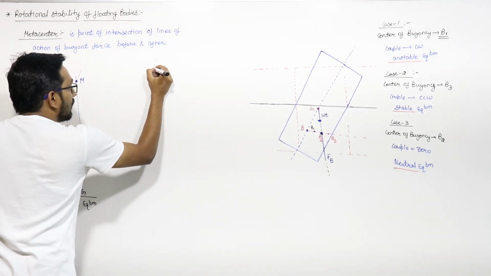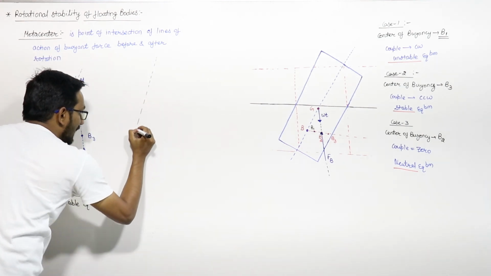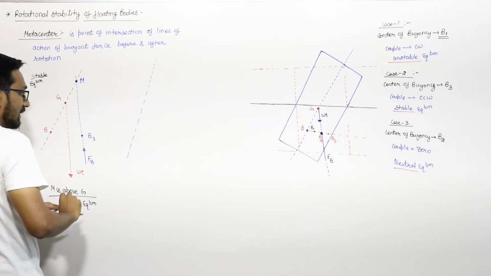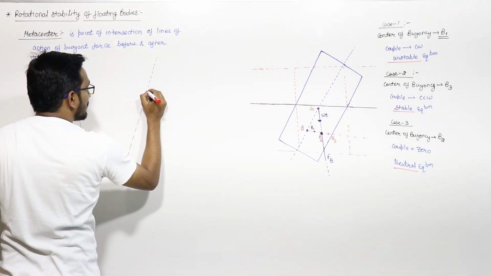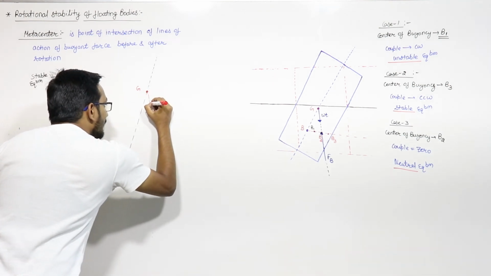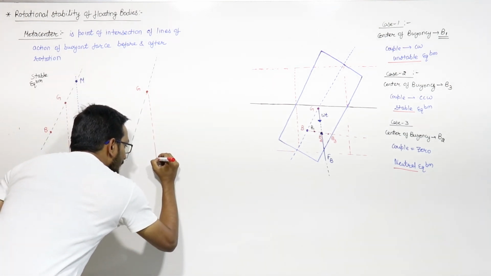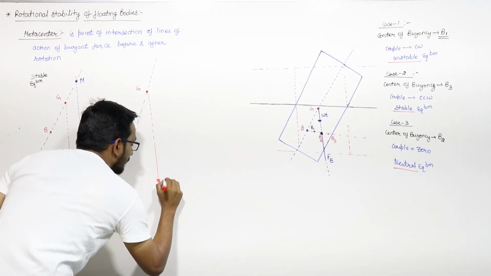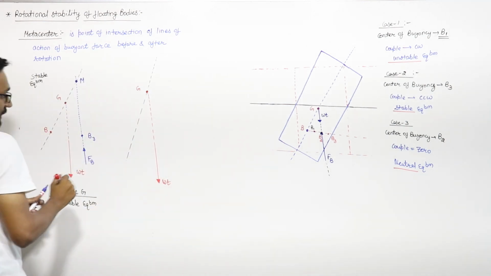Similarly, if we talk about unstable equilibrium, this is the axis. This is the center of gravity of the body, and from this center of gravity we have weight in the vertically downward direction.